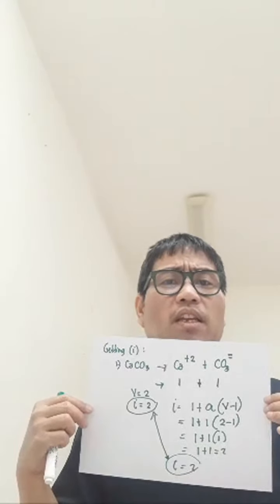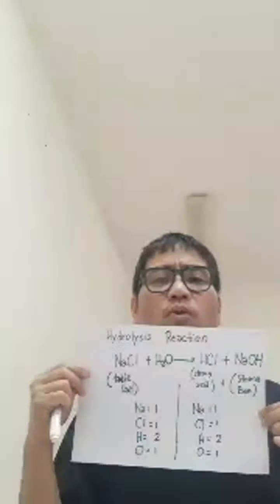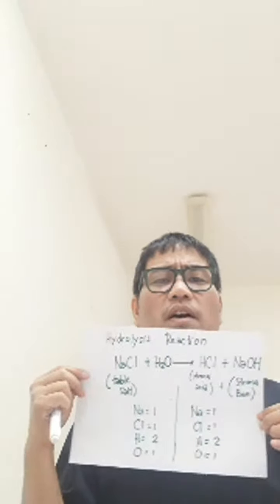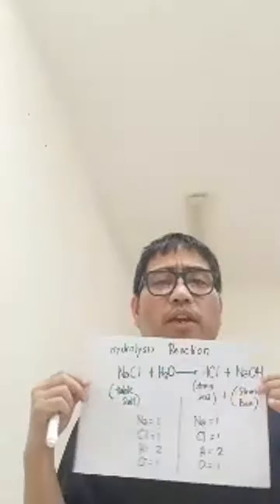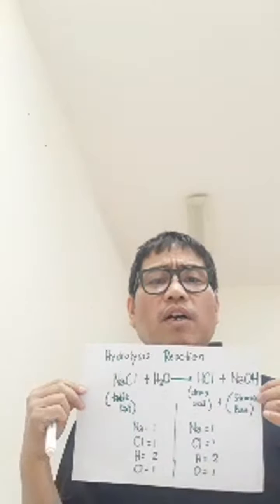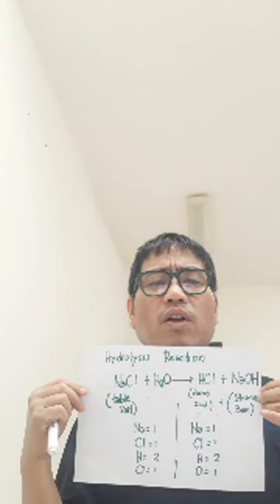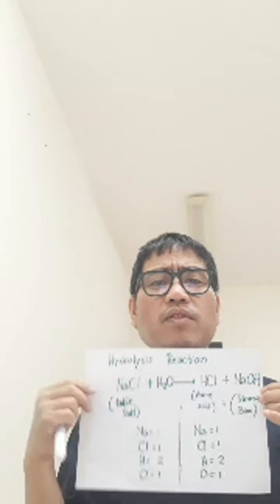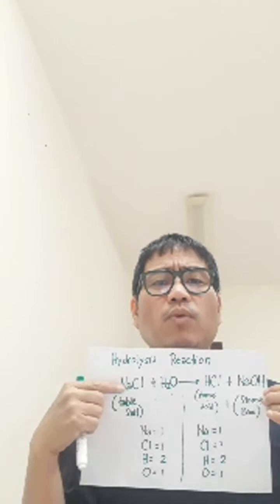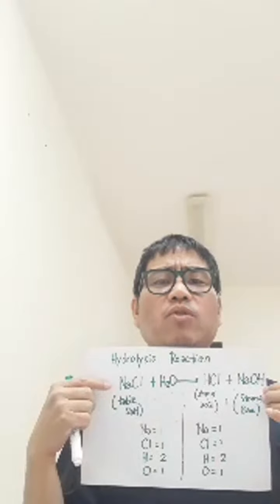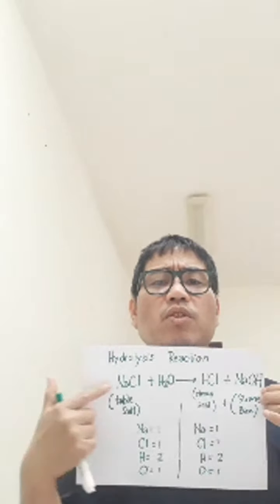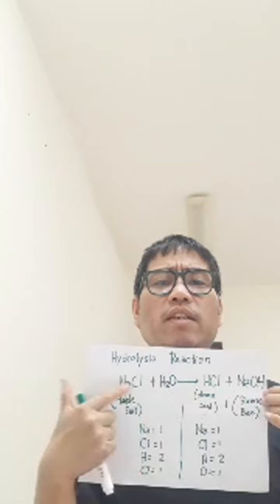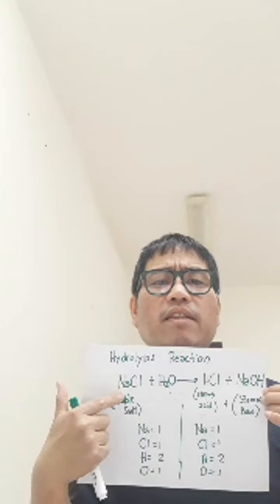Going back to our hydrolysis reaction here: sodium chloride plus water gives HCl plus sodium hydroxide. We are not concerned with the hydrochloric acid. We are concerned with the sodium chloride, because we are adding the sodium chloride to water in aqueous solution, so this will be dissociated.